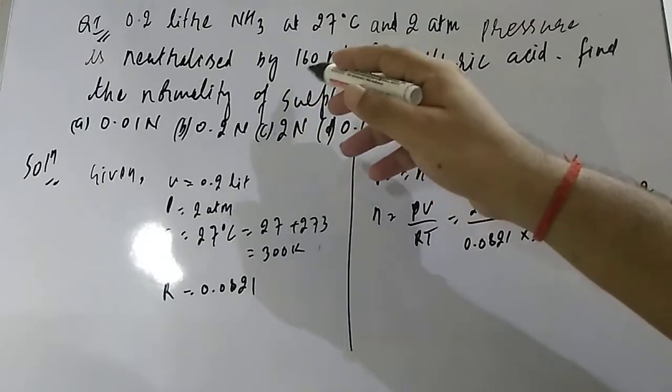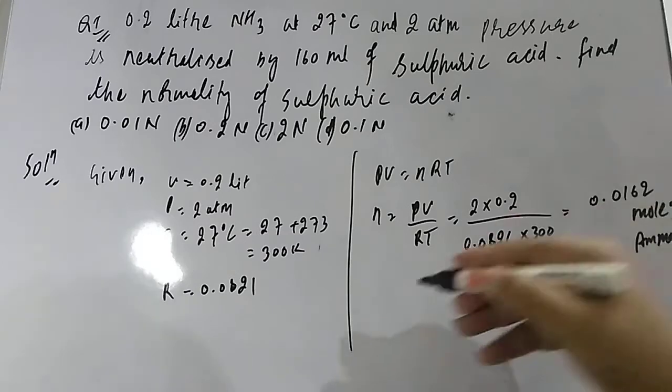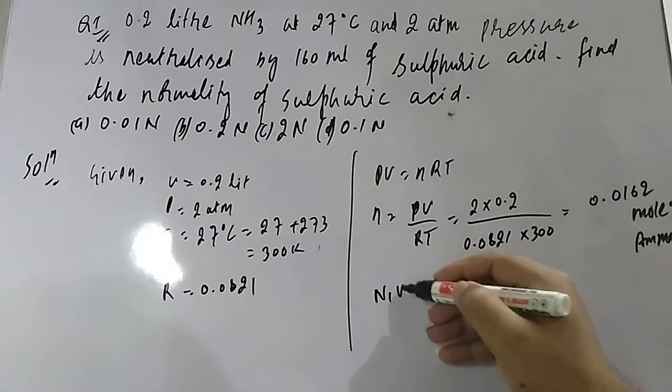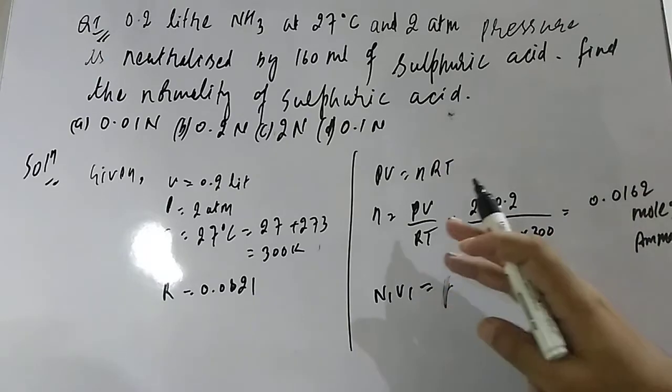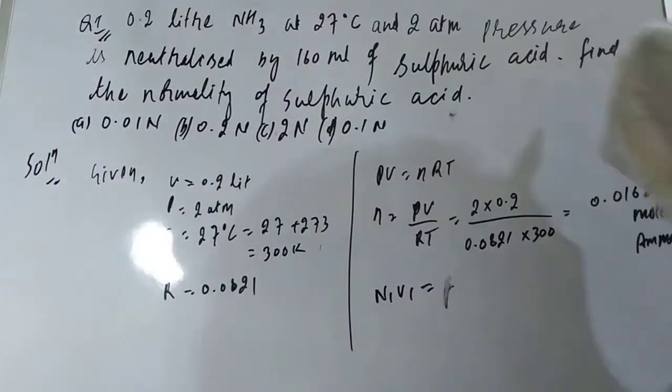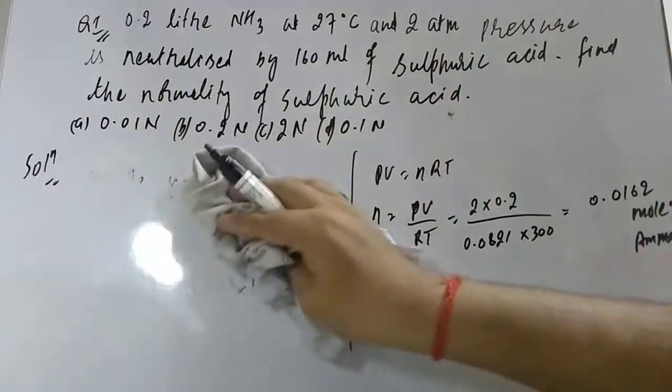So this many is given. We can apply N1V1 is equal to N2V2. I am writing this on this side, in the opposite direction, because the space is less due to a small board.